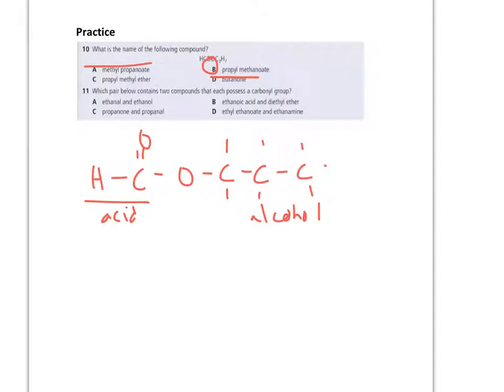11, which pair below contains 2 compounds that each possesses a carbonyl group? So first thing you need to know is what is a carbonyl group. So from carboxylic acid, carbonyl is just a double bonded oxygen to a carbon. And then it could have another carbon and hydrogen or 2 carbons on it.